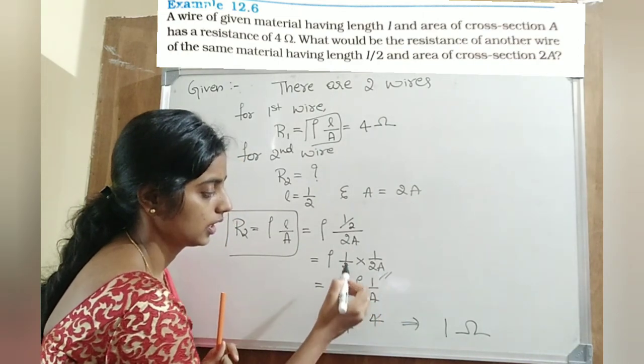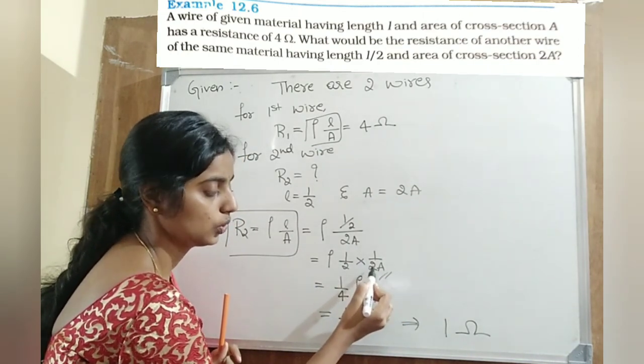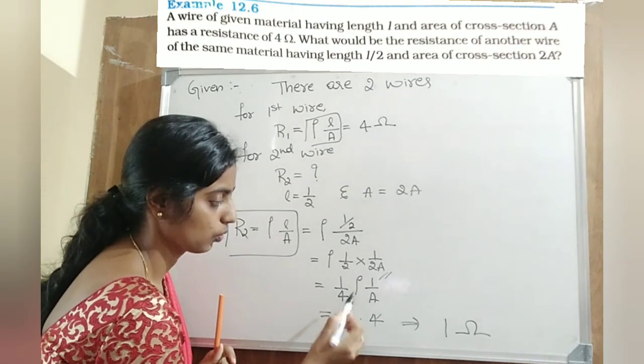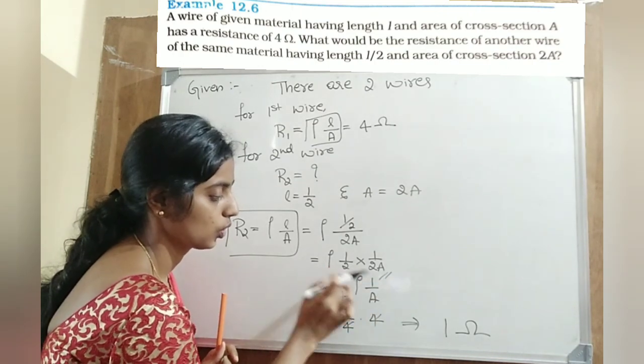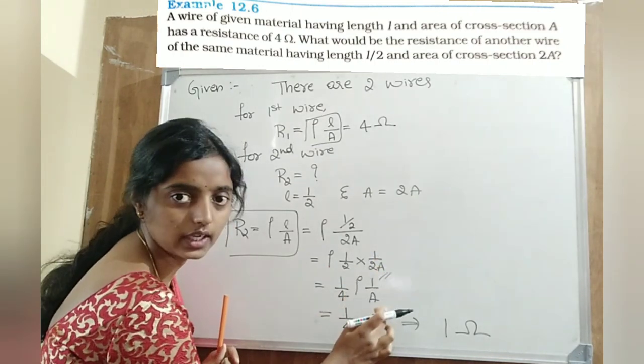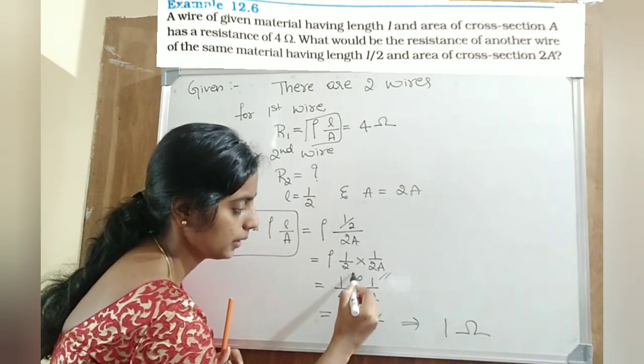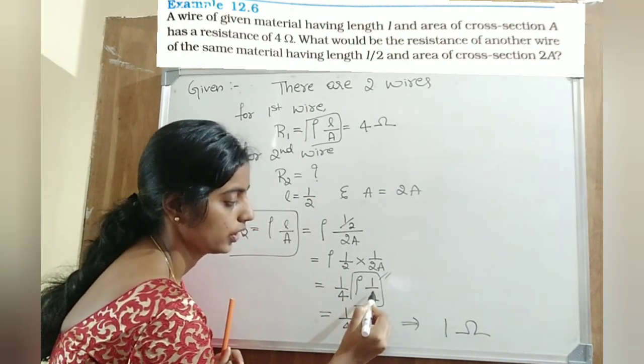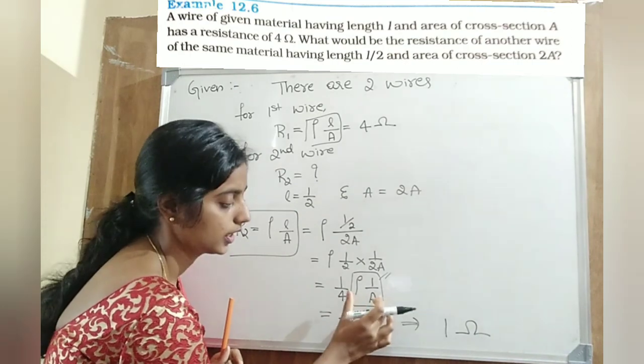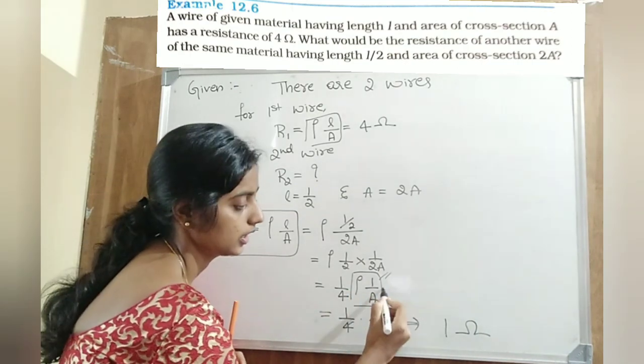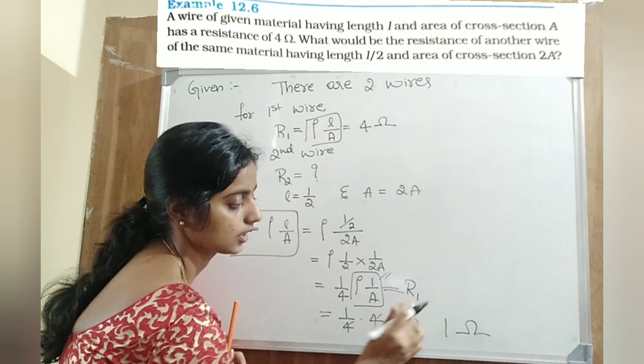Then what happened? Take out this 1 by 2 into 2, that is 1 by 4, and separate the term rho and remaining L by A. Now see this carefully, rho into L by A. What does it indicate? This is equal to R1, right?